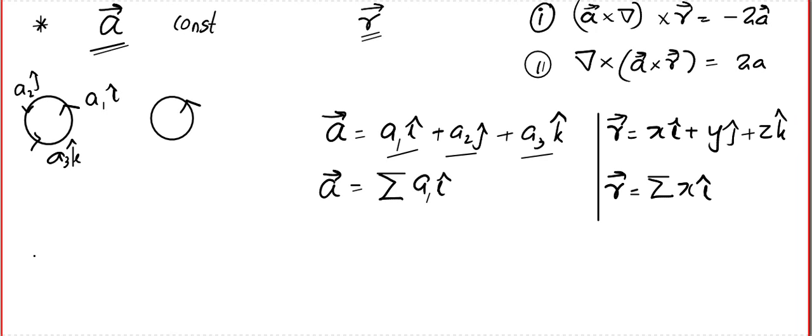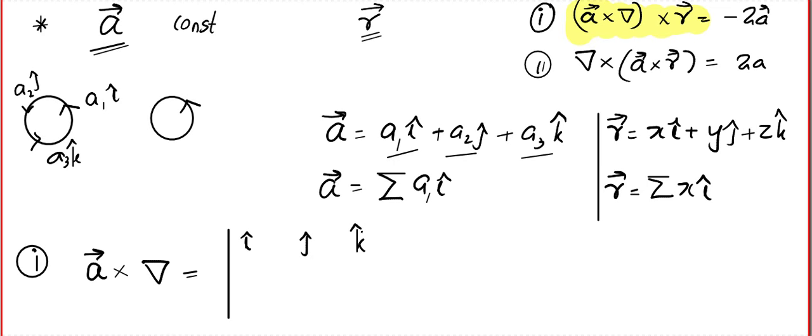Let's start with the first part. We have to prove that A cross del cross R. Do you still remember the definition of del? So I'm going to start with A cross del. How do you find the cross product? Determinant. First row will be i j k.